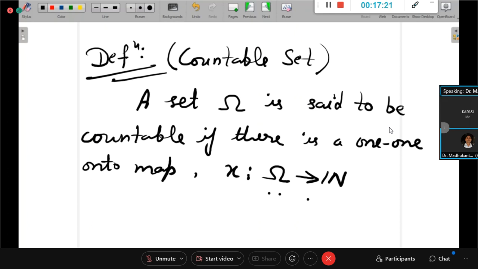You are taking steps: first step, second step, third step, fourth step, fifth step. It is possible to count all the possible number of steps in the form of natural numbers.